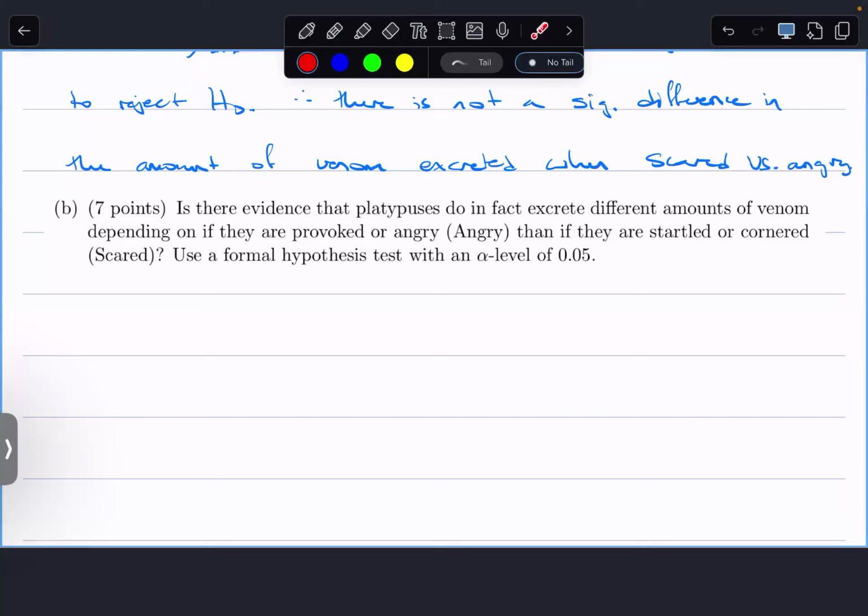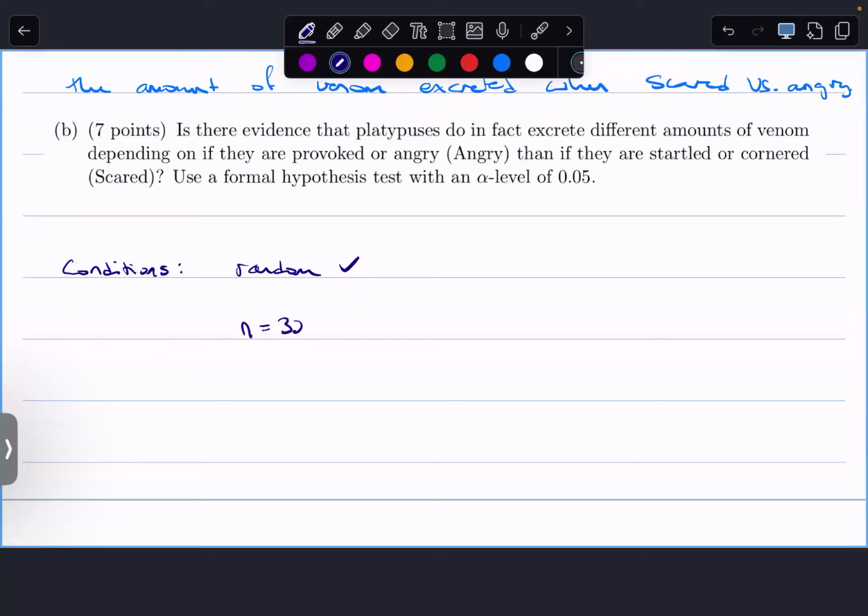We should check our conditions, but the conditions for numerical data are not very interesting, right? If we have a sample size larger than 30, we can assume normality. And they were randomly selected. Okay, fine, conditions. I should have done it earlier, I guess. Random, check. n is 32, which is greater than 30. Therefore, we can assume normality.